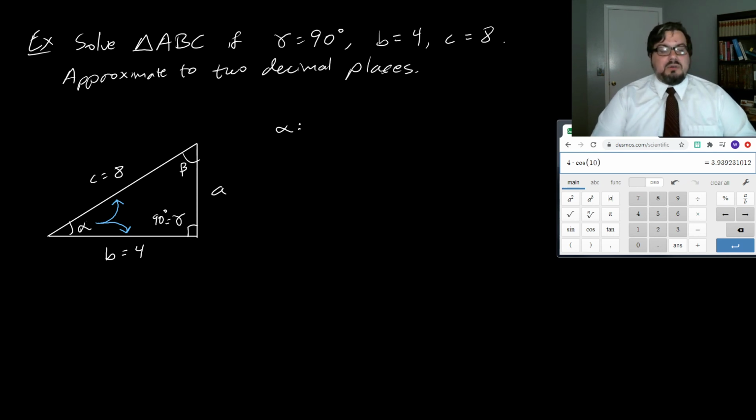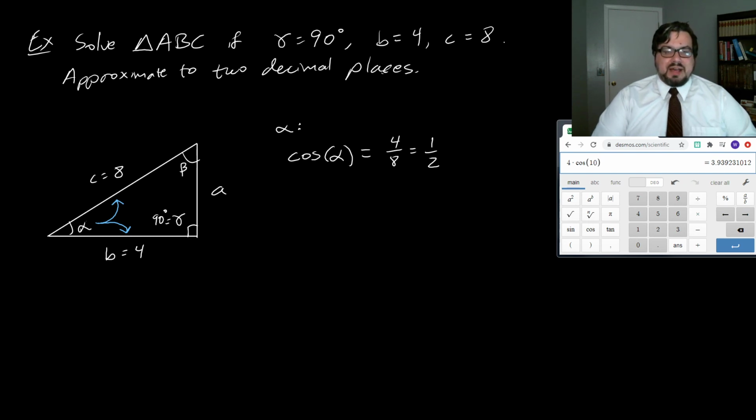And we know that the function that relates an angle alpha to B and C, as we have it set up in this problem, is cosine, because B is adjacent to alpha and C is the hypotenuse.